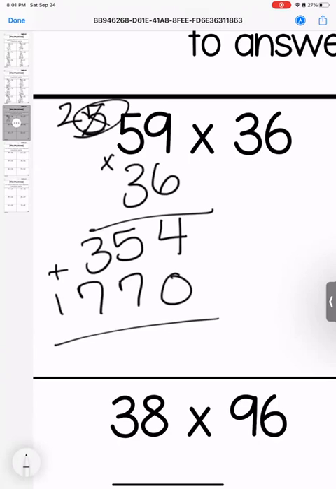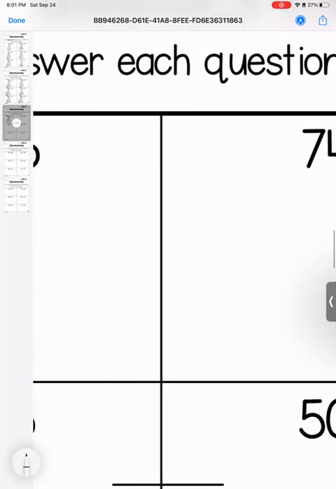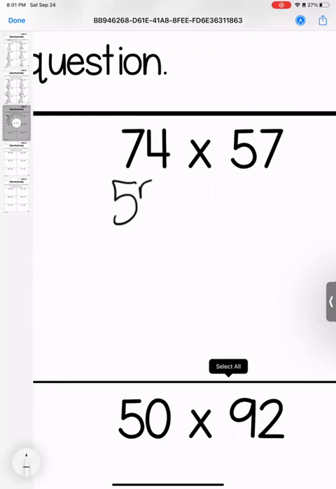We add. 4 plus 0 is 4. 5 plus 7 is 12. 7 and 3 add 1 is 11. 1 and 1 is 2. 2,124.